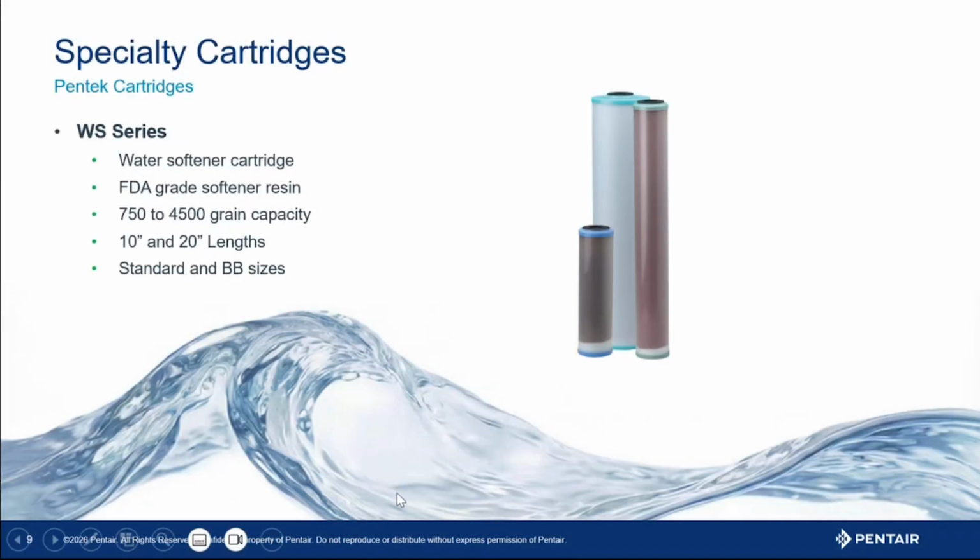Now, we do have specialty cartridges that are designed for smaller applications that you may not need a full backwashing regenerative ion exchange system to solve. We do have the WS series of cartridges. These are water softener cartridges in standard and big blue sizes that have a range of 750 to 4,500 grain capacity.